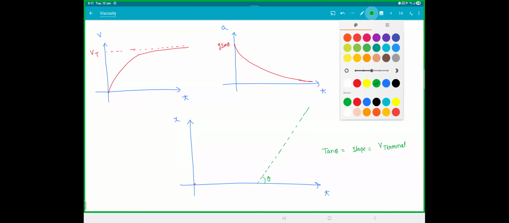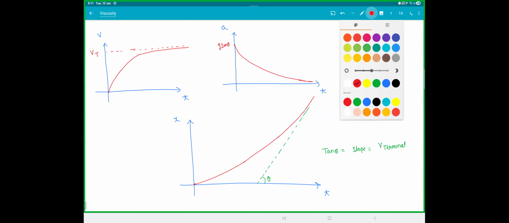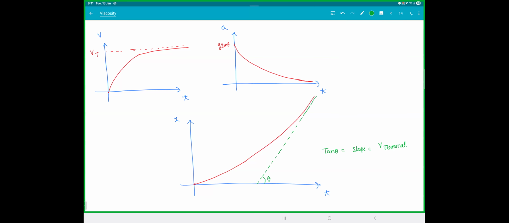When you draw the XT graph, you start from zero. As you're increasing, you're getting closer and closer to this line, but you're never reaching this line. Because at infinity, your velocity becomes constant. A constant velocity in an XT graph is a straight line. So after a long time, you'll get closer and closer to that line, but you'll never reach that line. That's how an XT graph looks.